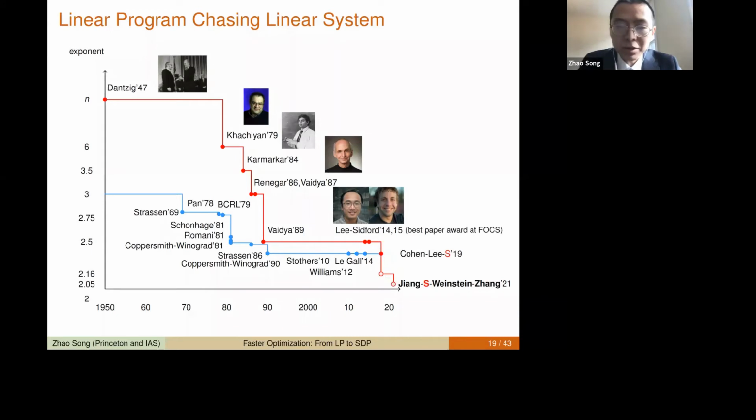As you can see from the picture, the gap between 2 and 2.04 is now very tiny. This year there is also new work improving the matrix multiplication exponent. As you can see from the picture, you almost can't see any change, but they do get some improvement.